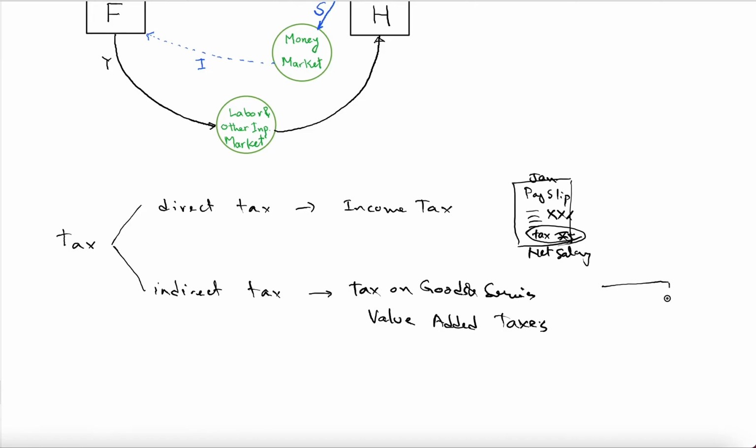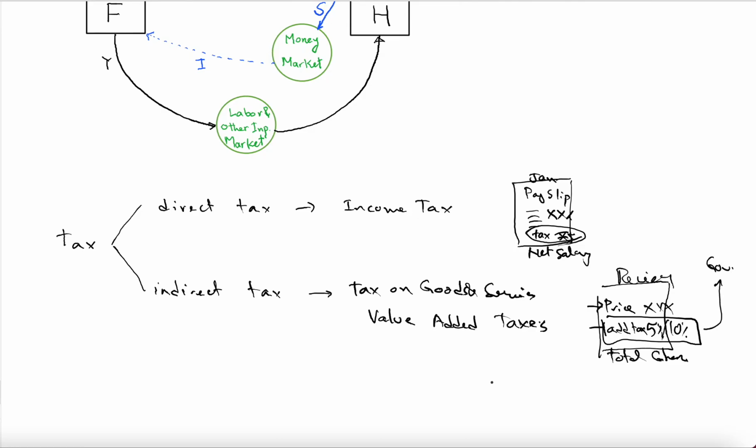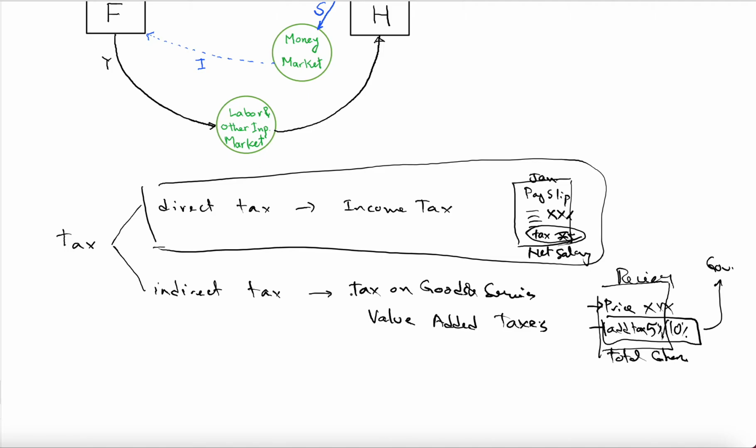So you get your ticket, the receipt of your purchase. It says the price is this much, and add tax 5% or 10%, depending on how much is going to be added. Total charge. So the person receives this much, and they send the tax to the government. Okay, so this is called indirect tax. We are not going to talk about this one here. Most of our discussions is about direct tax or income tax.